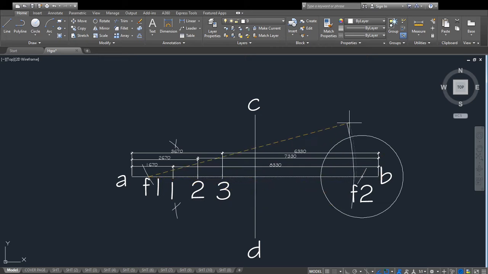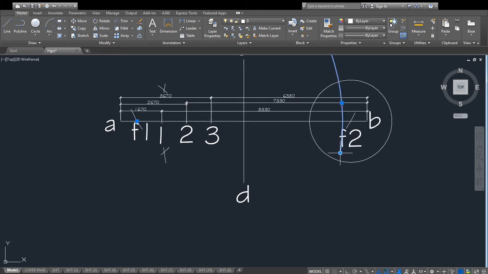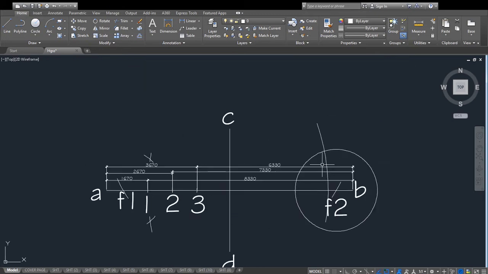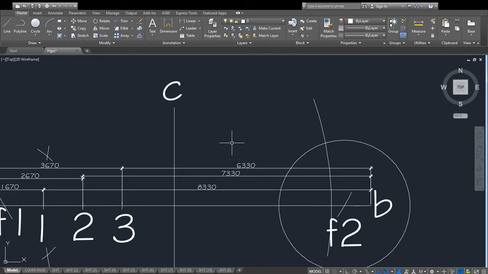Okay, we have this. We have this radius now.